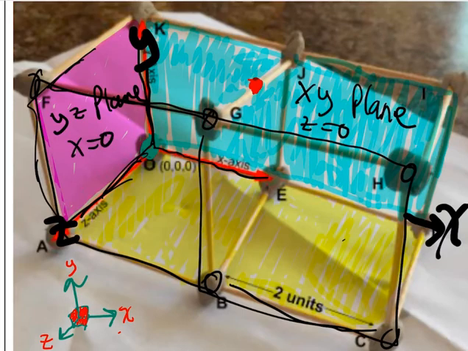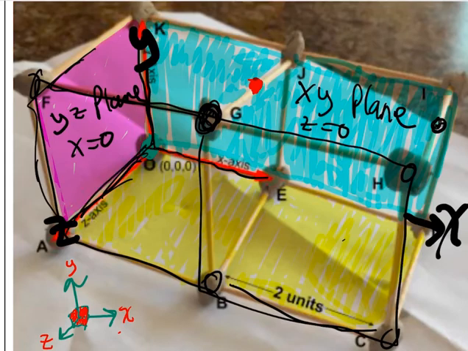So if I'm getting the x coordinate of any ordered triple, I have to look at the distance away from the yz plane. This point right here is 2 units away. What about right here? It's 4 units away, right? Because it's the distance away from the yz plane, the shortest distance, a perpendicular distance.